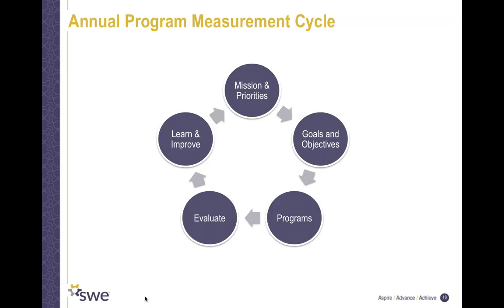Through this process, you'll have SMART goals by which you can evaluate your work and then consistently seek to learn and improve from your past work in order to refine and update your mission and priorities. This should be a continuous cycle that sections who are looking to make a systemic impact within their community are committed to achieving.